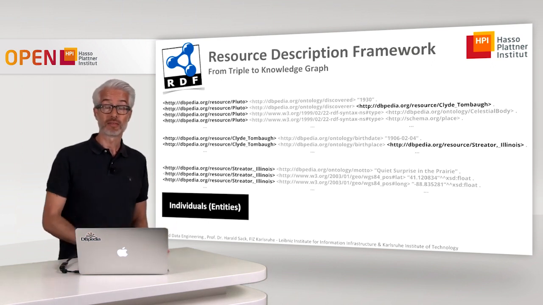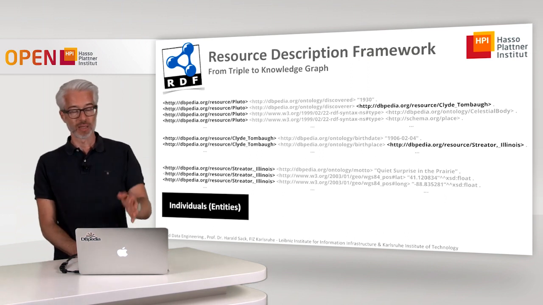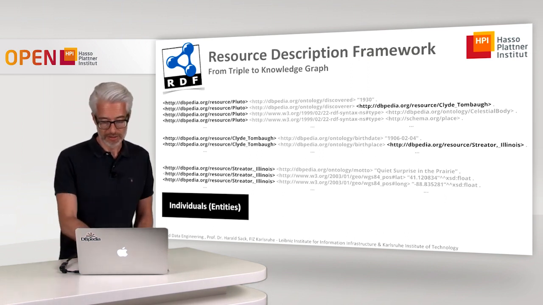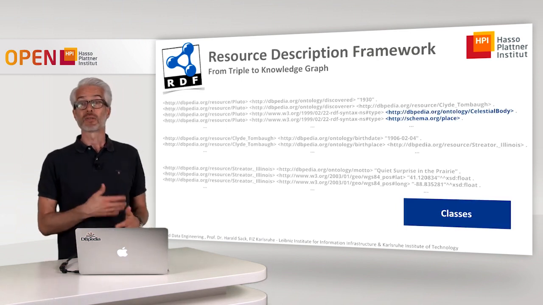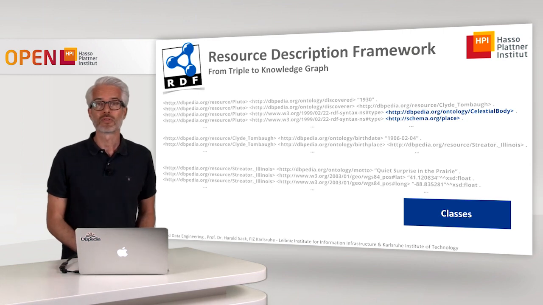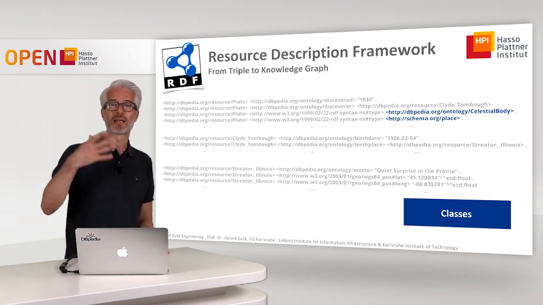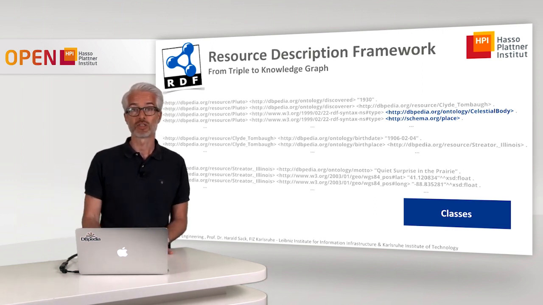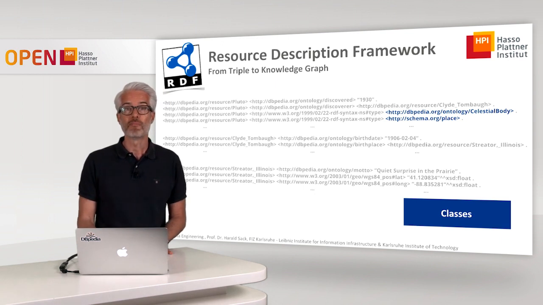And the entities here can be, of course, either part of the subject, or they can be part of the object. Then I can also have classes here. So for example, I can say that Pluto is a celestial body, and then of course I need in the object some class representation, and also the URI of a class, which is here celestial body, or it's also a place.